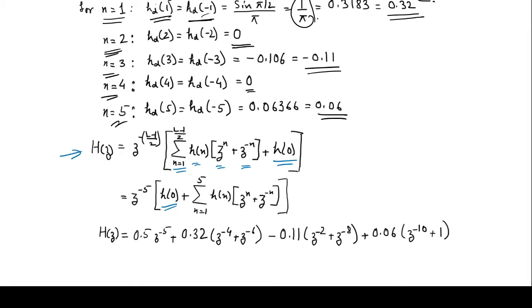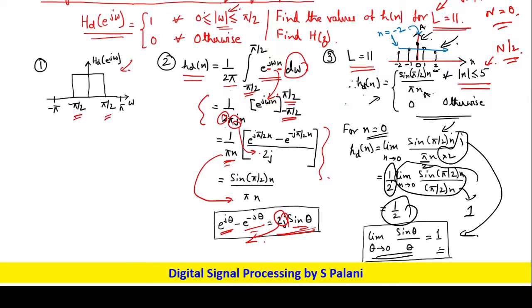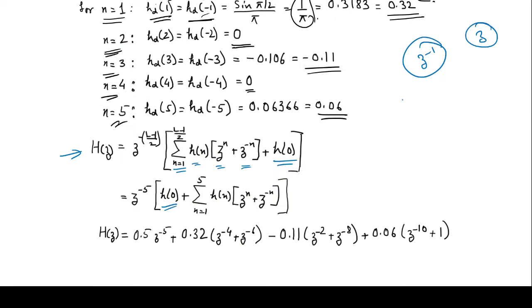Another important thing to be remembered is that when we talked about the realization of the filter, we talked about that we can only implement delays. We cannot implement or introduce z in the realization of the structure. However, in the previous case, since we are having the minus n value, z to the power minus n would become z to the power n.